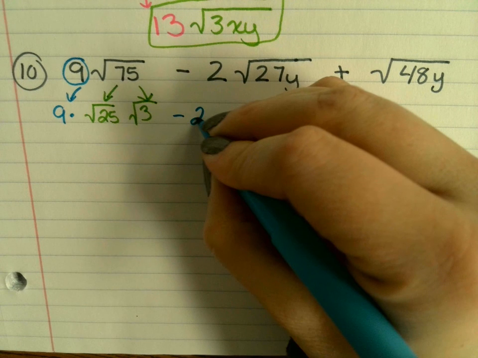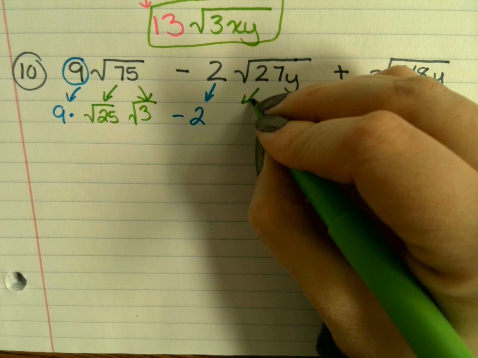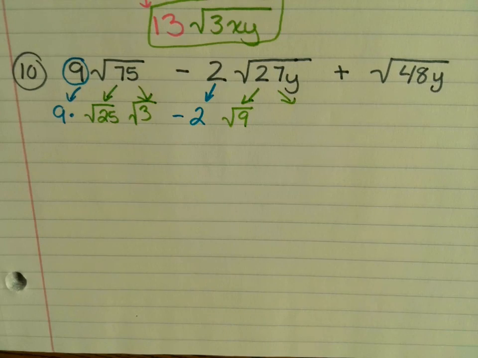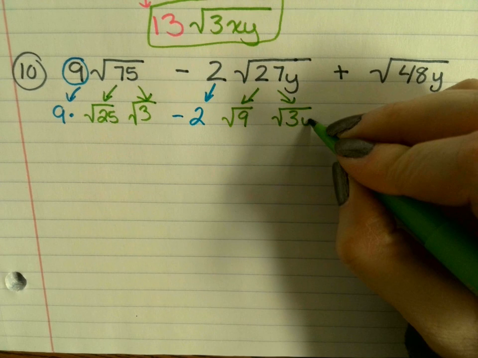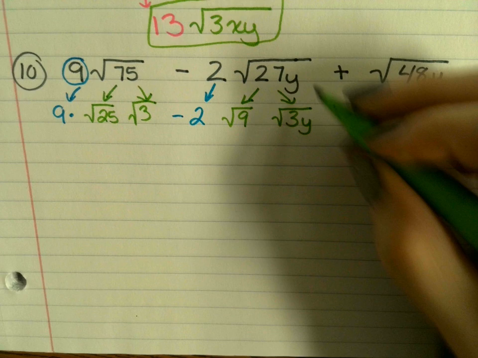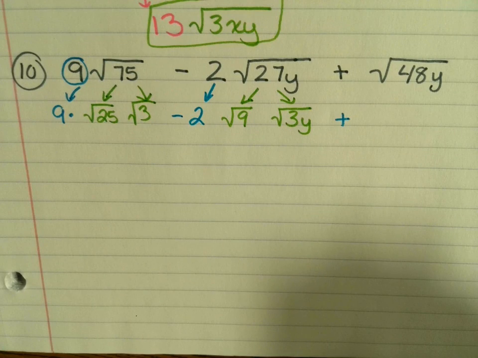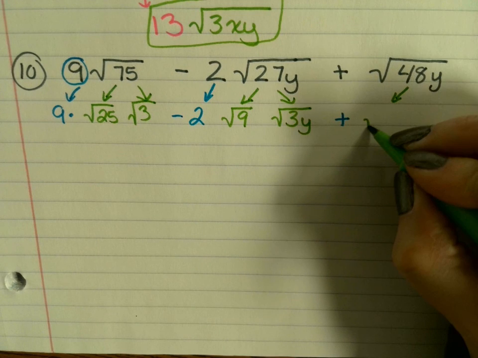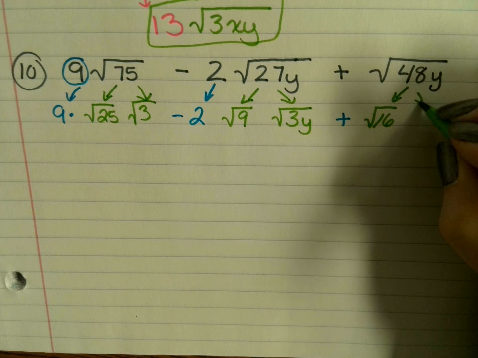That square root of 27y can be broken down into square root of 9, which is perfect, and then the square root of 3, and the y is going to go with it because the y is not perfect. Then plus, the square root of 48y can be broken down into square root of 16, which is perfect, and then the square root of 3 and that y, because the y is not perfect.